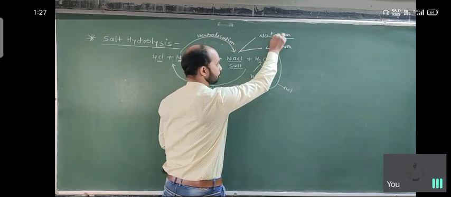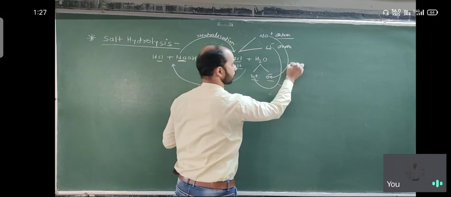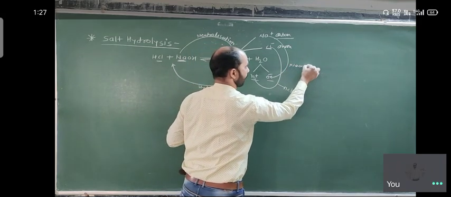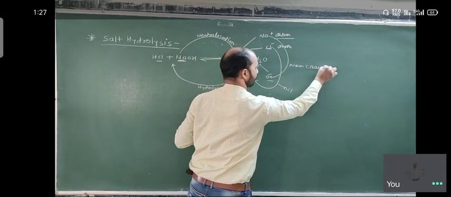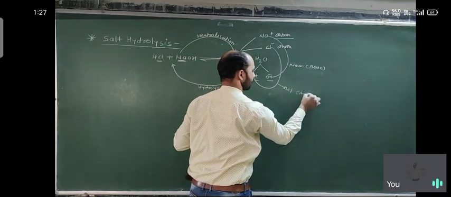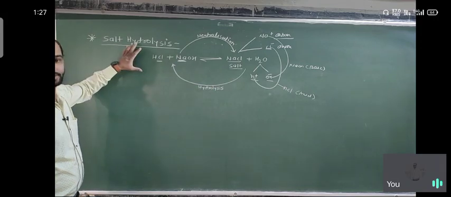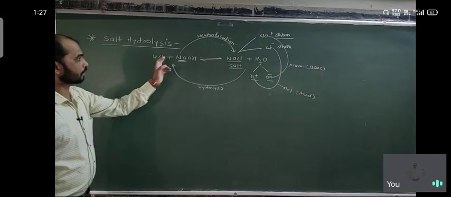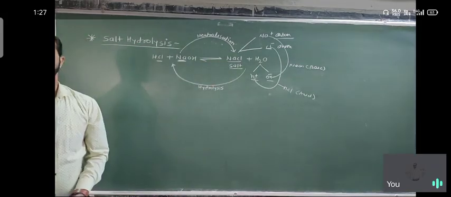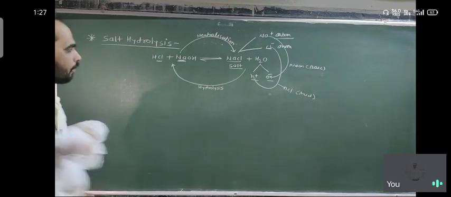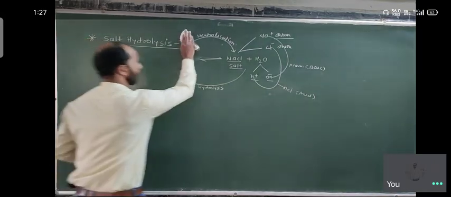The cation of the salt and the anion of water give NaOH. NaOH is the base and HCl is the acid. So this is the reverse reaction, salt hydrolysis, and the forward reaction is the neutralization reaction.